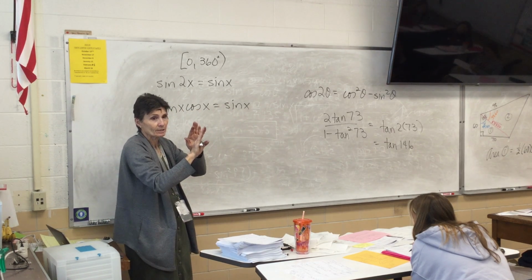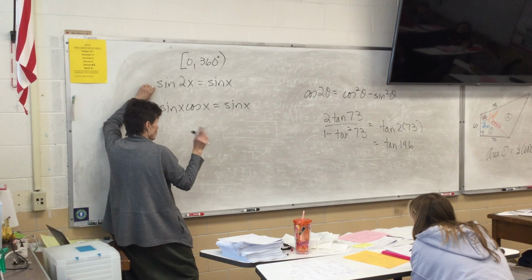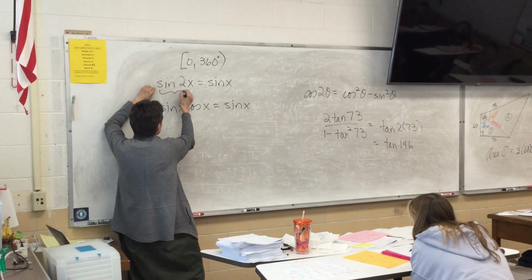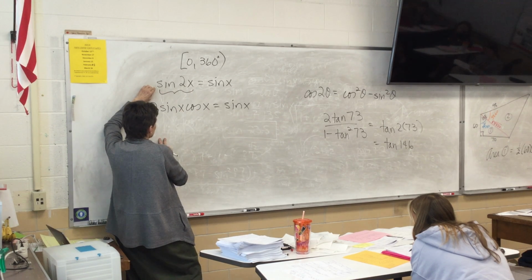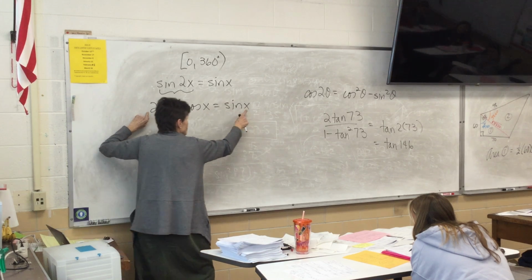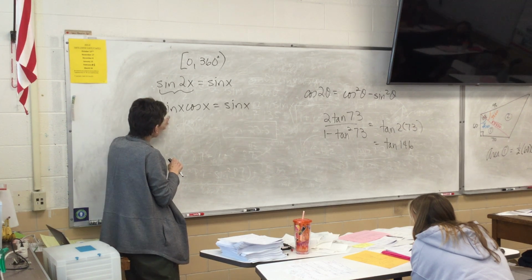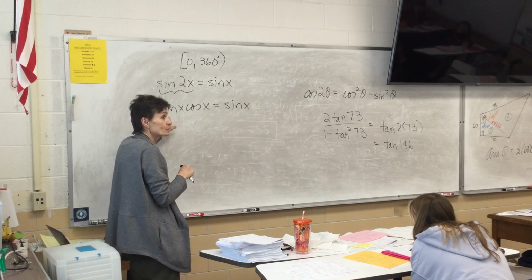That's bad news. So she looked on her sheet. The answer is always on your sheet. She looked on the sheet and said, hey, there's a formula for this, and the angles are plain x's just like that one. So she changed sine 2x into 2 sine cosine.